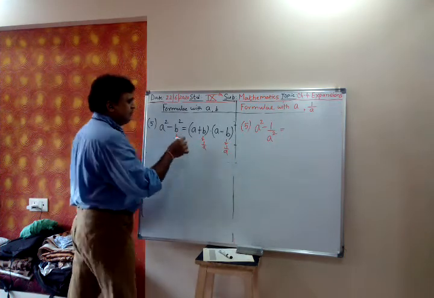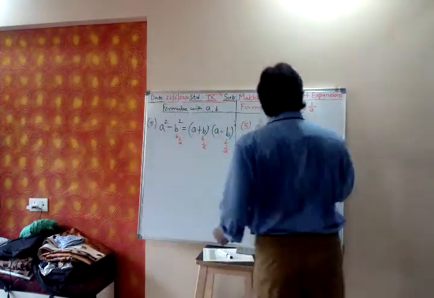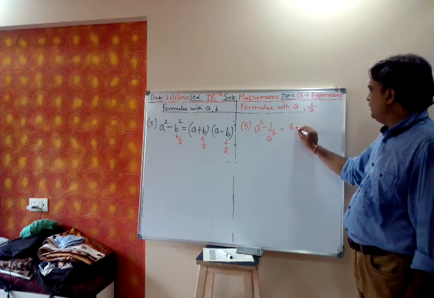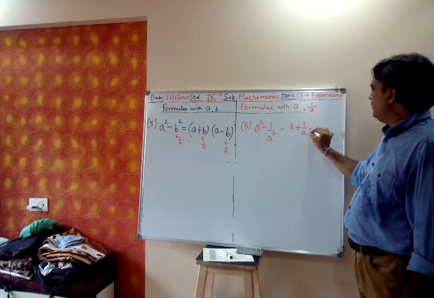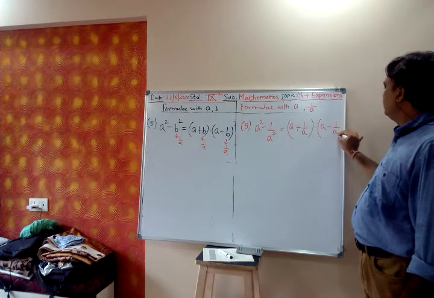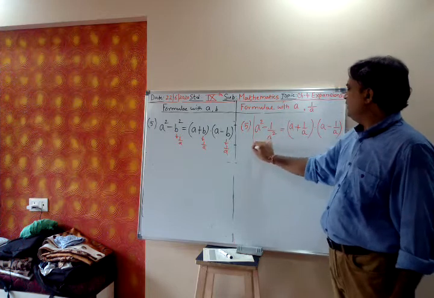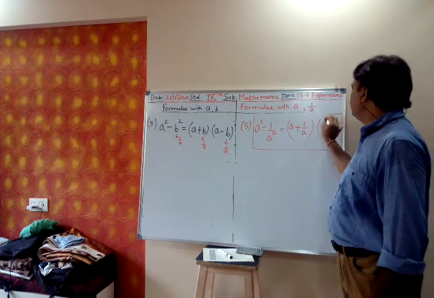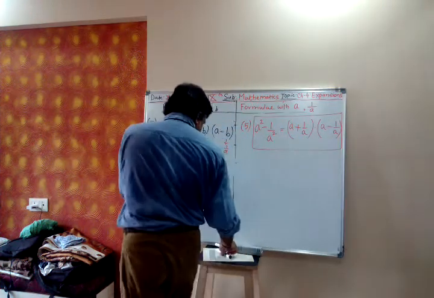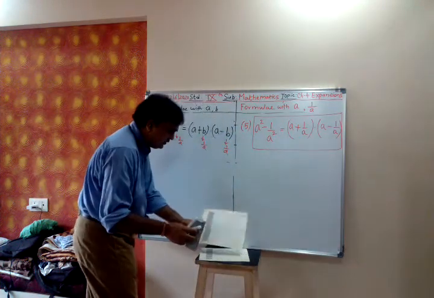So you will get a square minus 1 upon a square is a plus 1 upon a into a minus 1 upon a.